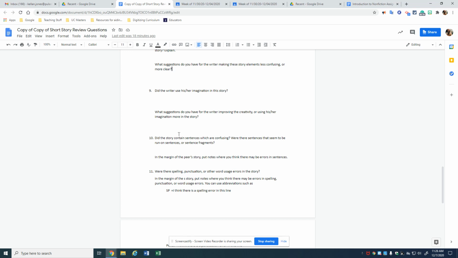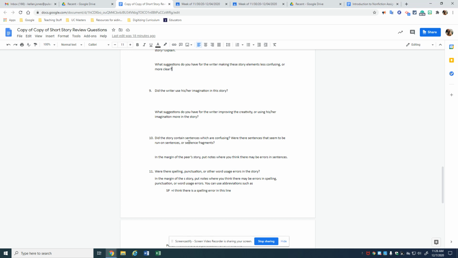Number 10, did the story contain sentences which are confusing? Were there sentences that seemed to be run-on sentences or sentence fragments? A run-on sentence, those sentences that last for about a full paragraph, that's a run-on sentence. It's basically a long sentence that can be broken down into shorter sentences.